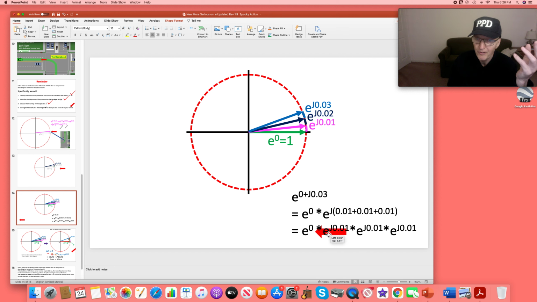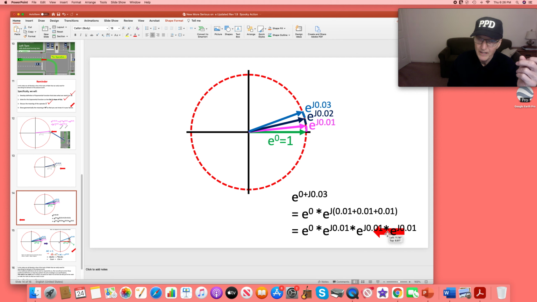So here's what it's saying. You start out with here's what it's equivalent to, and I draw it on the diagram. E to the 0 times e to the j 0.01. That's e to the 0, and then I operated on it with that exponential, and I get this line here. And then times e to the j 0.01.